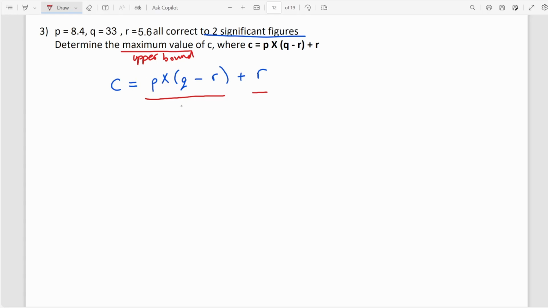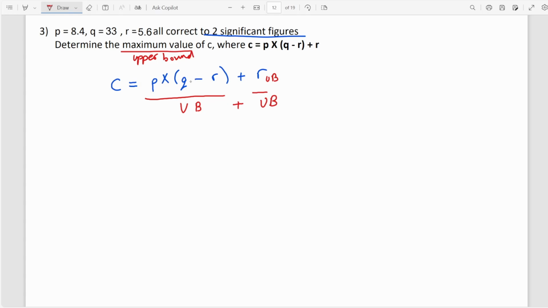So obviously, we would want an upper bound over here because this is a plus, and an upper bound over here. Now, R is alone, so you can just take an upper bound for it directly. Now over here, we have P times (Q minus R), a whole expression that we want the upper bound of. So now we'll break it down further.